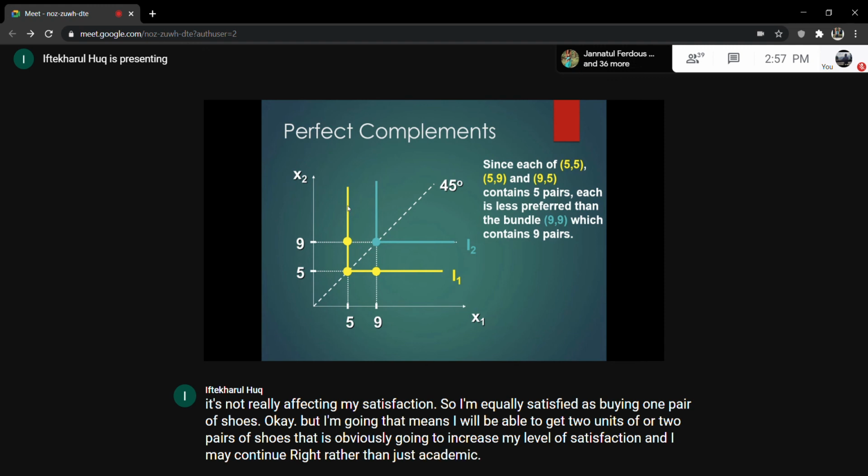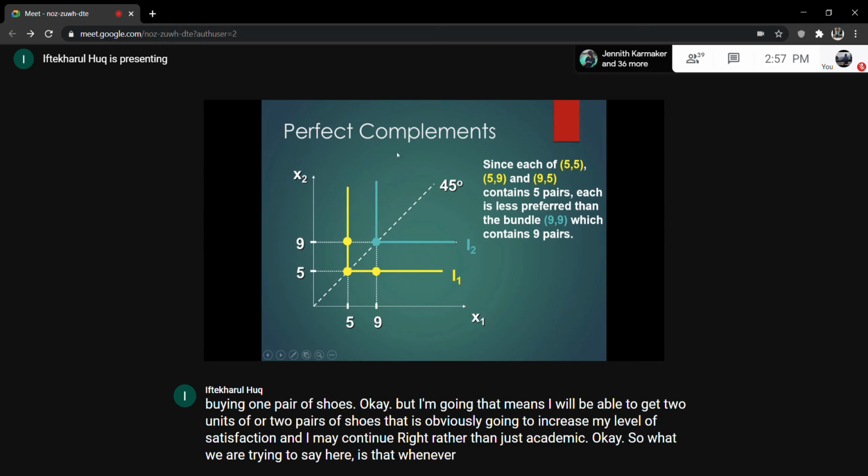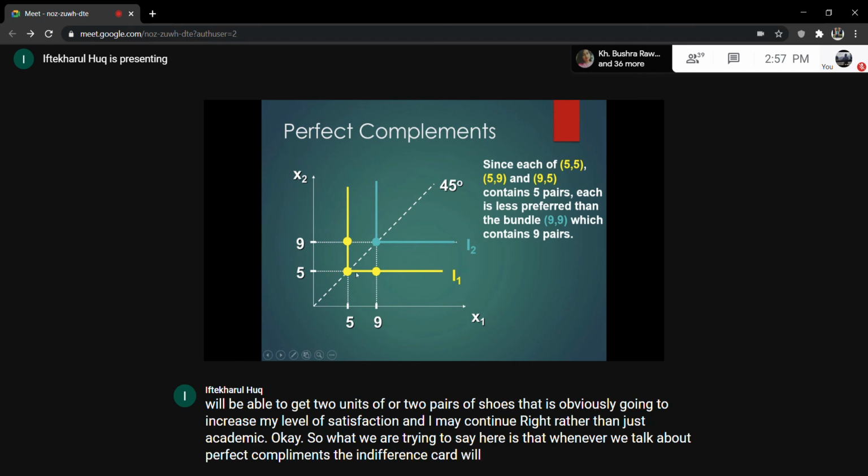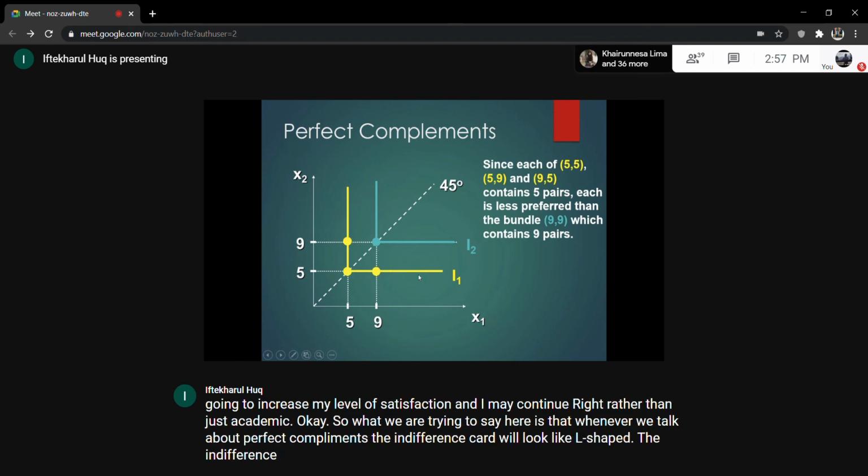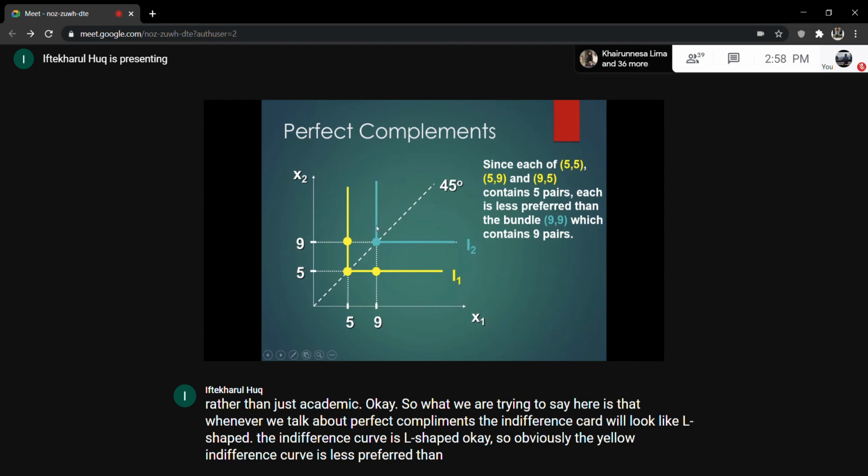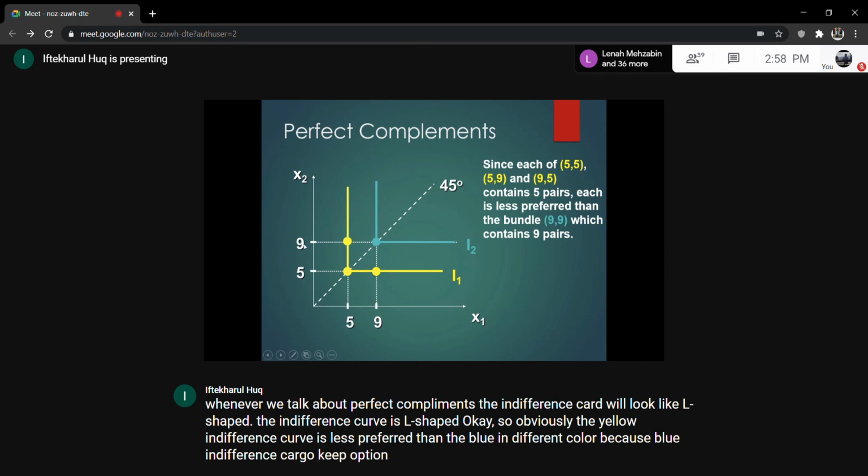Okay, so what we are trying to say here is that whenever we talk about perfect complements, the indifference curve will look L-shaped. The indifference curve is L-shaped. So obviously the yellow indifference curve is less preferred than the blue indifference curve, because blue indifference curve আপনি কি পাচ্ছেন 9 units of x2 together with 9 units of x1.